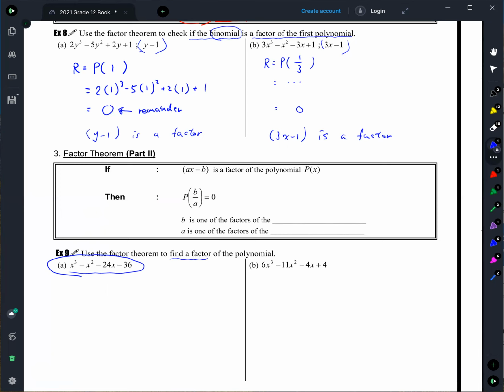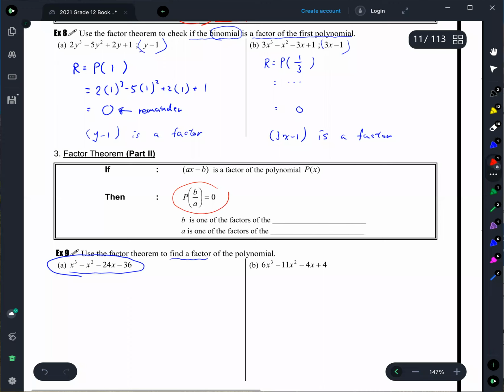For the number that you plug in to check, the b over a, the b is one of the factors of the constant term. You can fill that in.